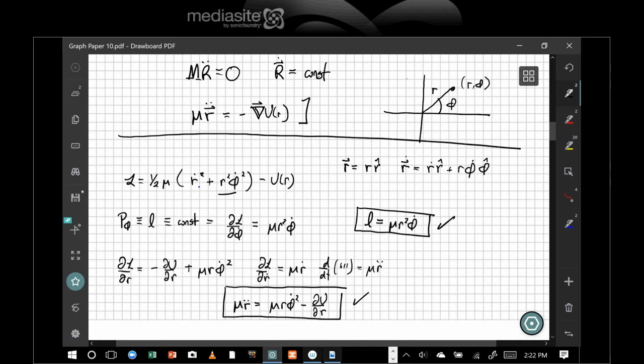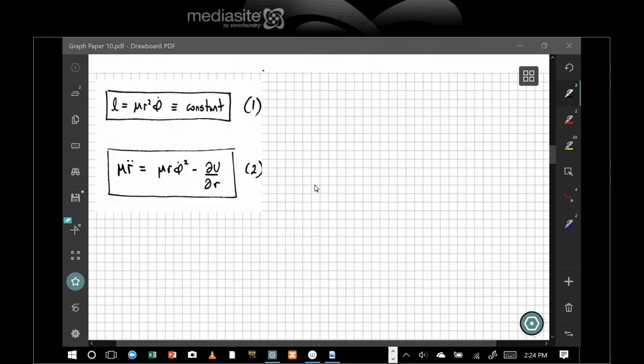Remember the potential energy does not have r dot in it. And then d/dt of that is going to give me mu r double dot. So sticking that all into the Euler-Lagrange equation, mu r double dot is equal to mu r phi dot squared minus partial u with respect to r. That's my second equation of motion.